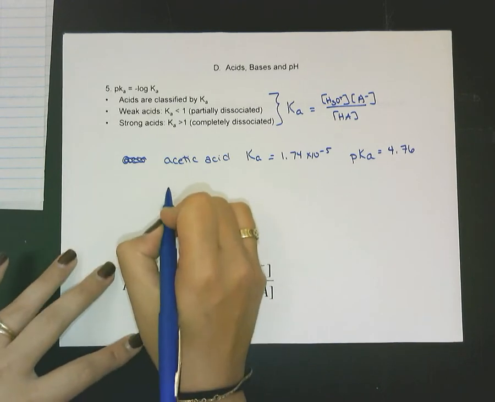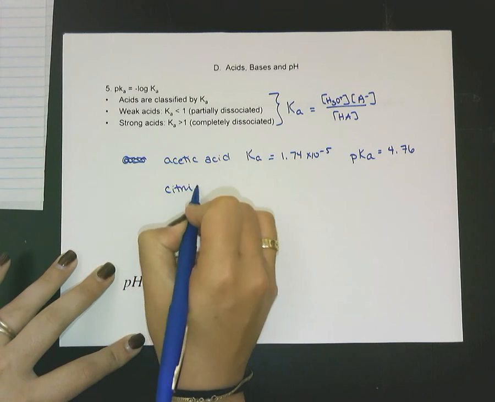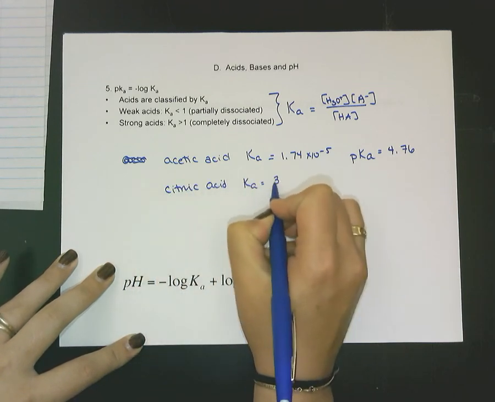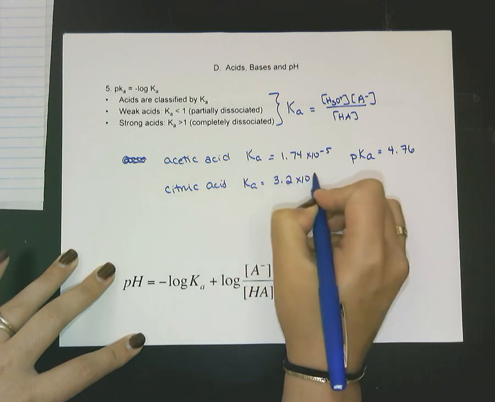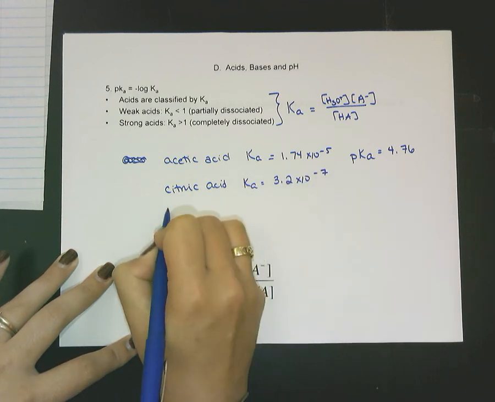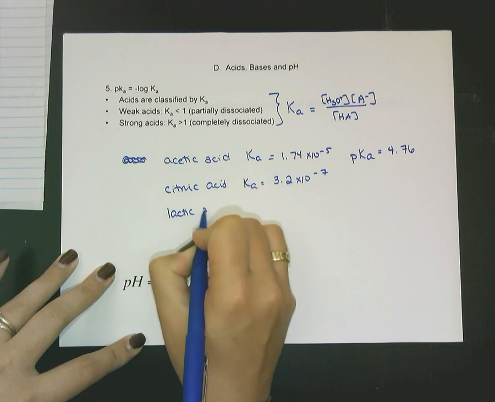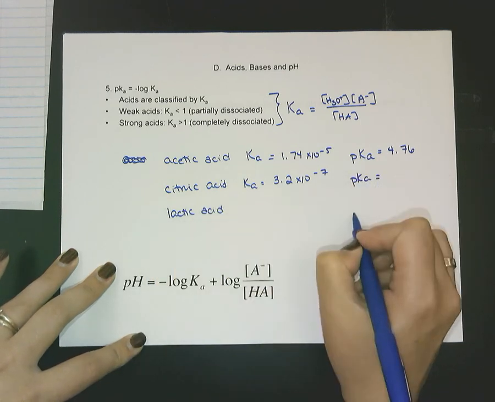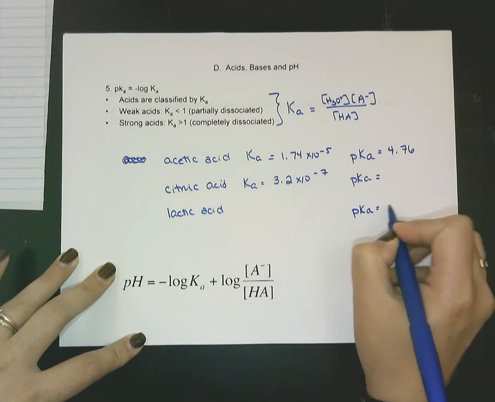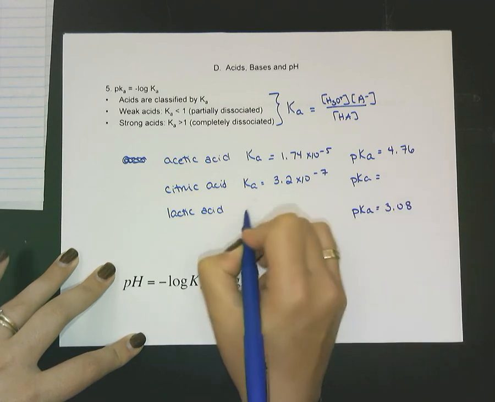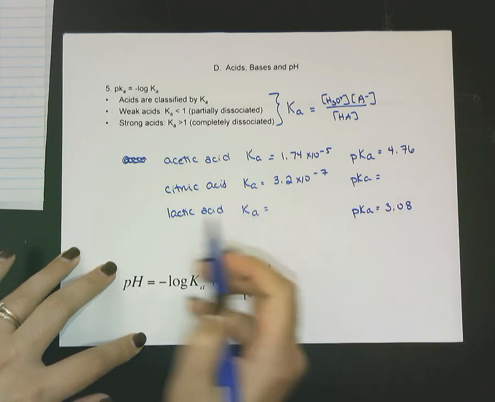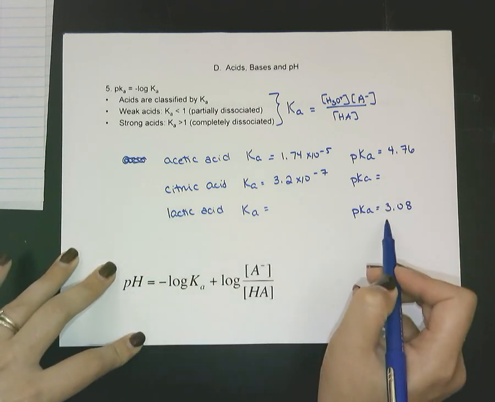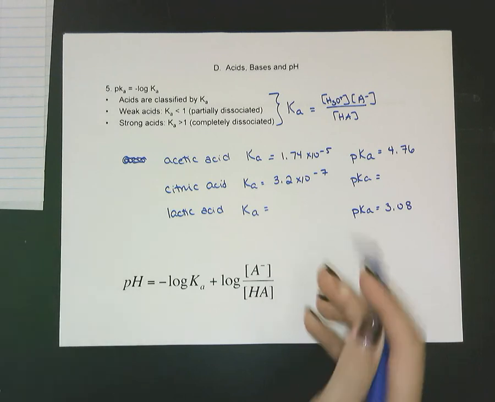All right, let's do 2 more. So for citric acid, I give you the Ka, find the pKa. For lactic acid, I've given you the pKa. Find the Ka.